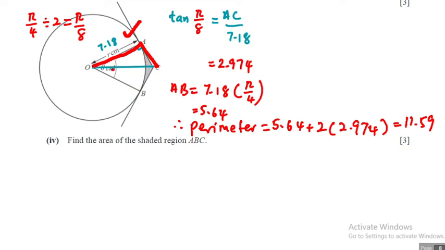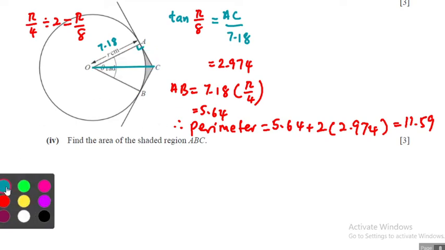Then you minus off the sector. We get the total area of that kite, which consists of 2 triangles, and then minus off the sector here. What do you get? The shaded region.